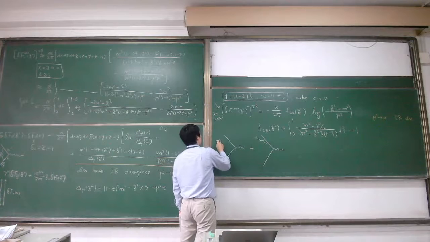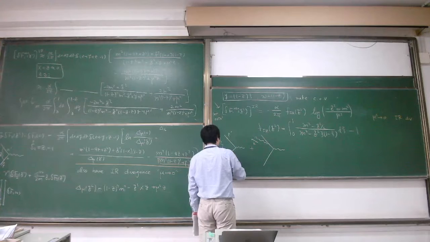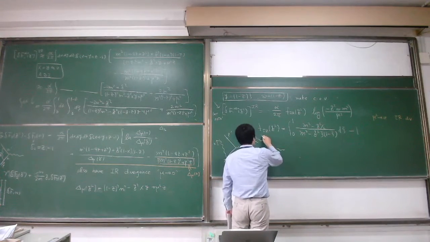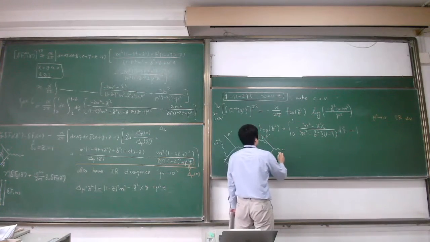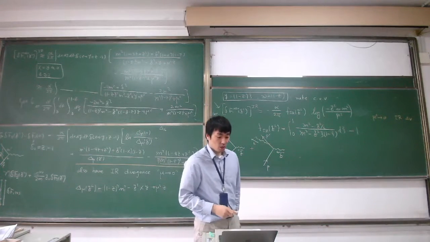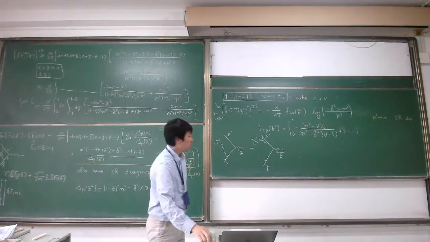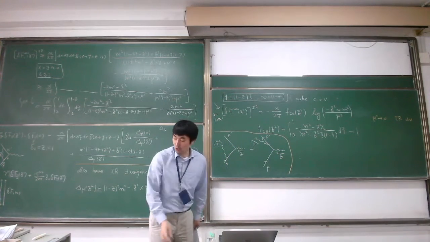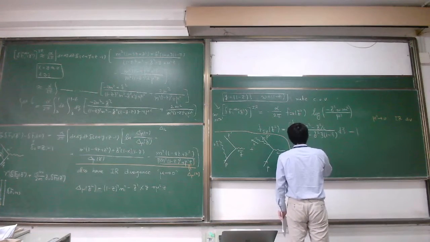This is K. So this is the diagram, and as I mentioned last time, it's called Bremsstrahlung.